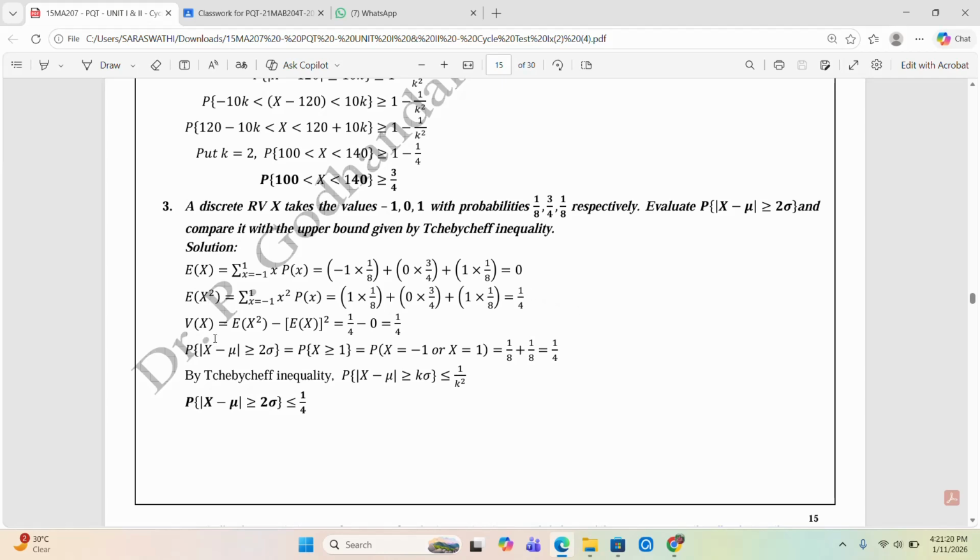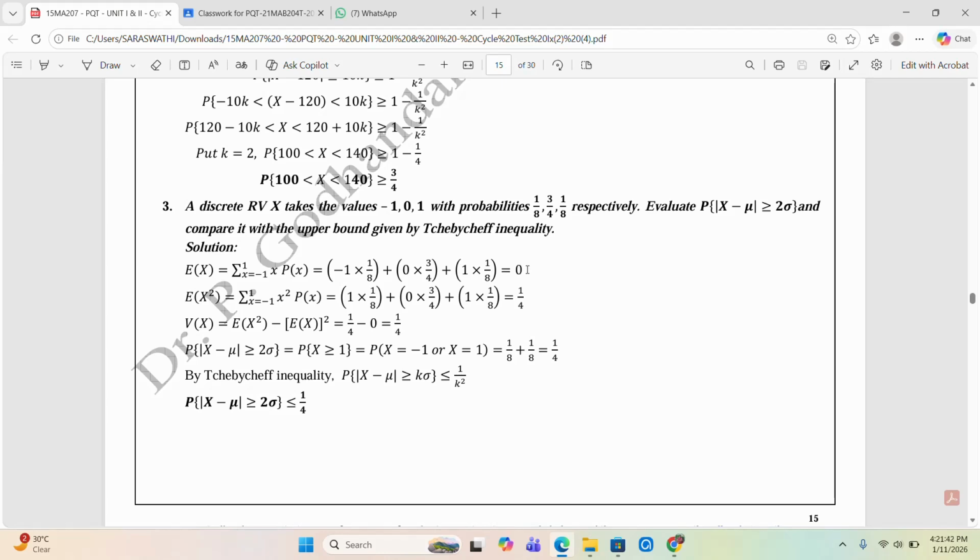Now variance of x is equal to E of x square minus E of x the whole square. So E of x square equal to 1 by 4, 1 by 4 minus 0 is equal to 1 by 4. Now P of modulus of x minus mu greater than or equal to 2 sigma. Here we have mu equal to E of x, which is equal to 0.